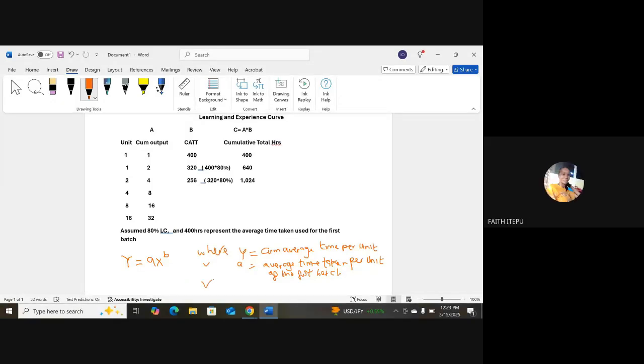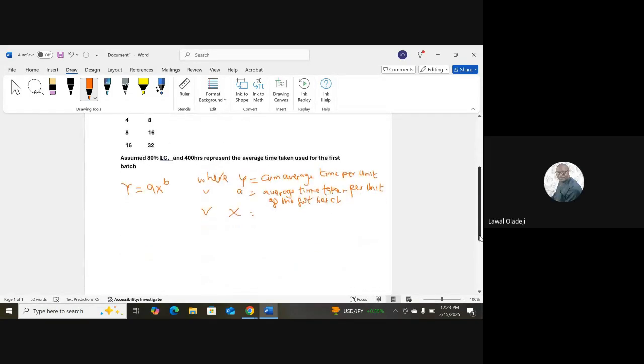Where X becomes the cumulative number of units, or in batches.